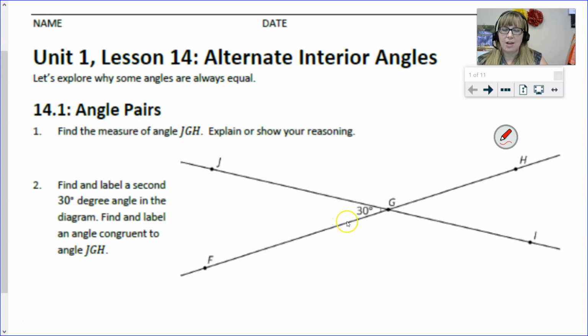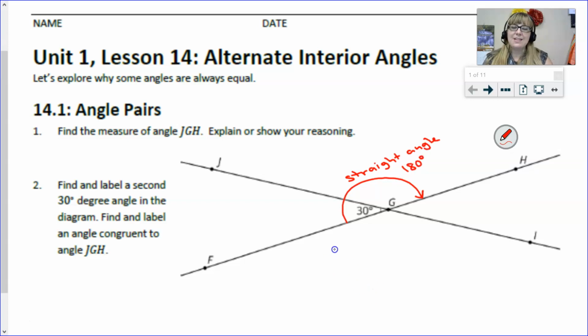What we should be looking at is the relationship that we see here. From Lesson 15, we remember that this is called a straight angle, and a straight angle measures 180 degrees. And since a straight angle measures 180 degrees, we can see that 30 degrees is taken up here by this angle, so the remainder would be taken up by this angle.